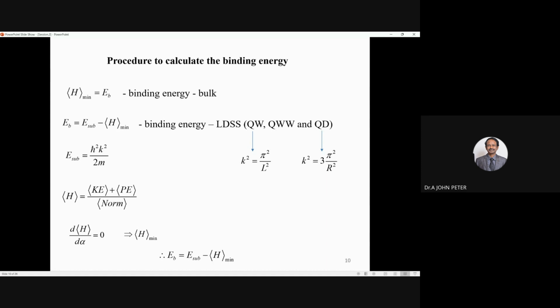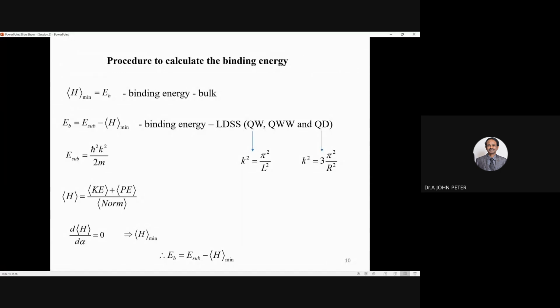You are going to subtract because sub-band energy means you have energy without the potential energy. So the electron will try to move in a plane, as I said. That's called sub-band energy. There is no sub-band energy for the bulk material. Sub-band energy exists only for quantum well, quantum wire, and quantum dots.